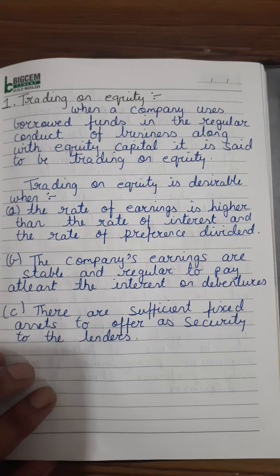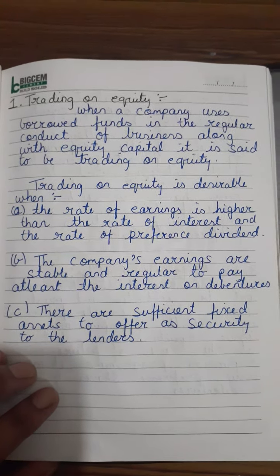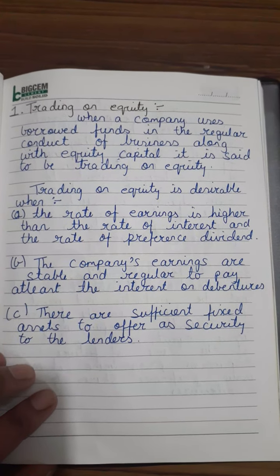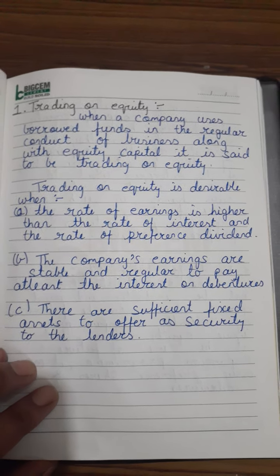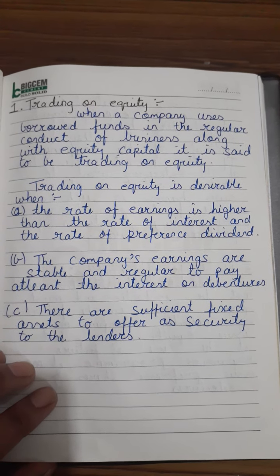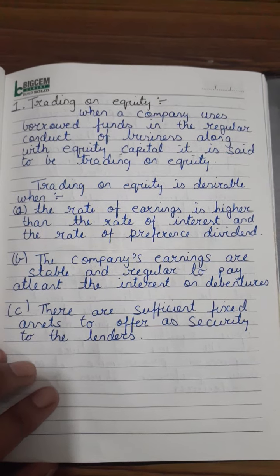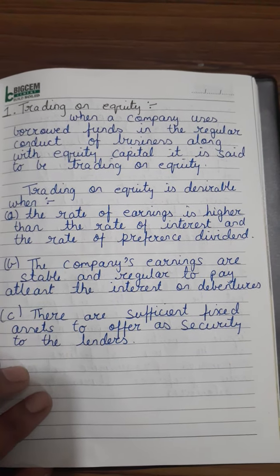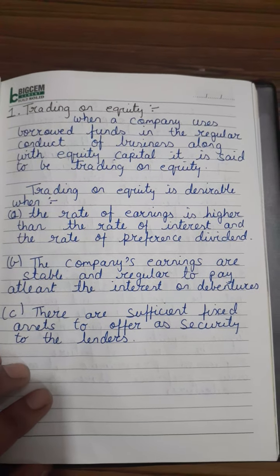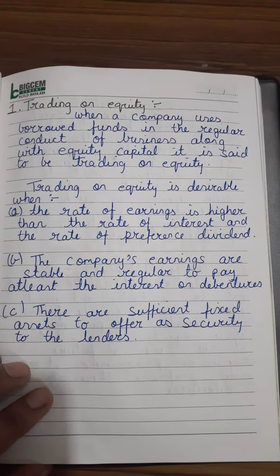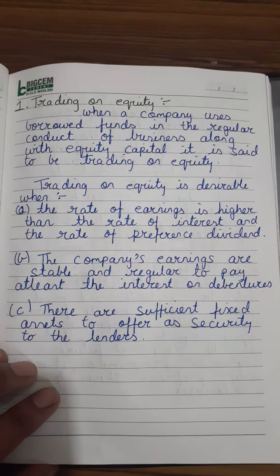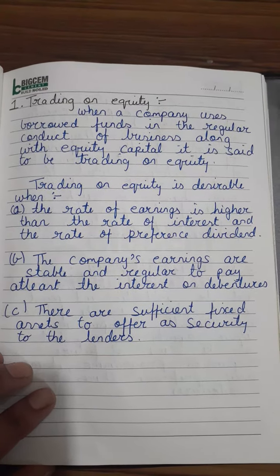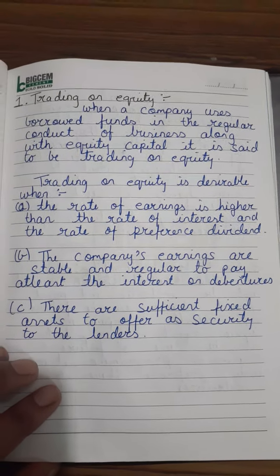First, type of securities to be issued or raised, and second, relative proportion of each type of securities. The first factor which affects capital structure is trading on equity. What does trading on equity mean? When a company raises capital not only through equity capital but also by the issue of borrowed funds, then a company is said to be trading on equity. But on what conditions can a company trade on equity?